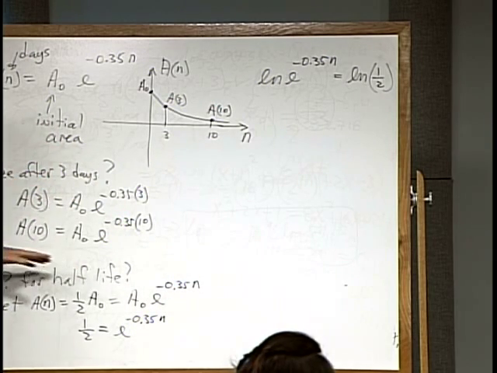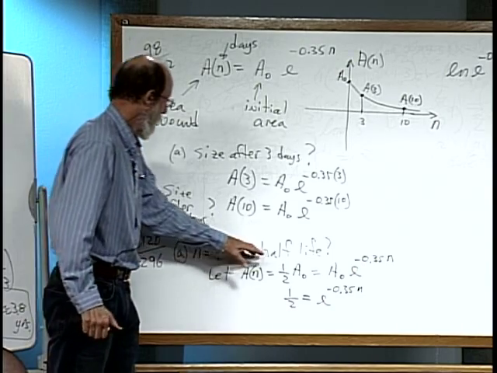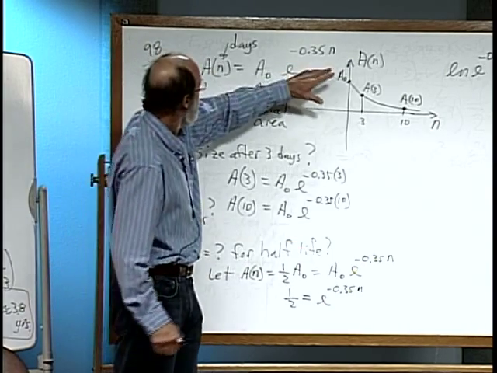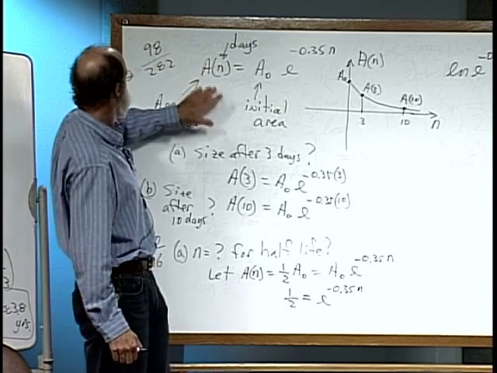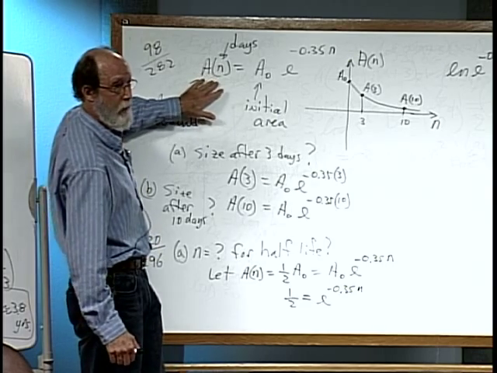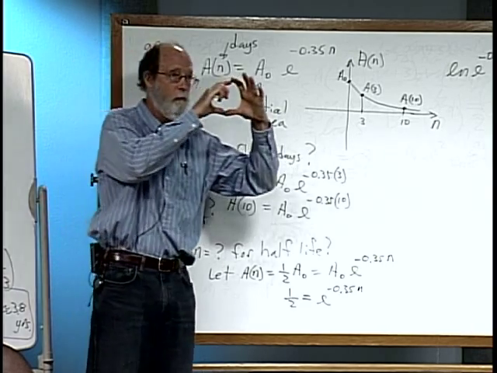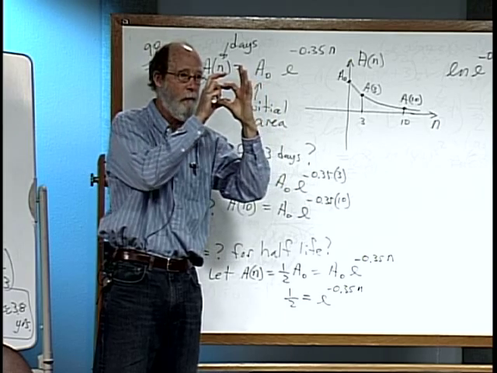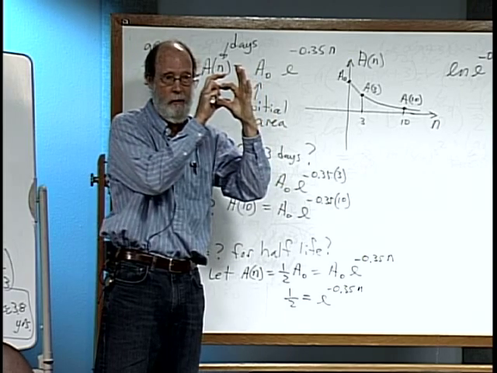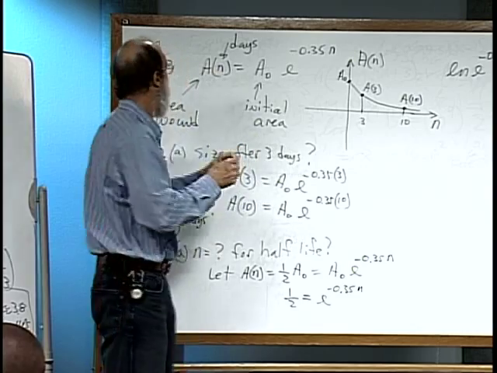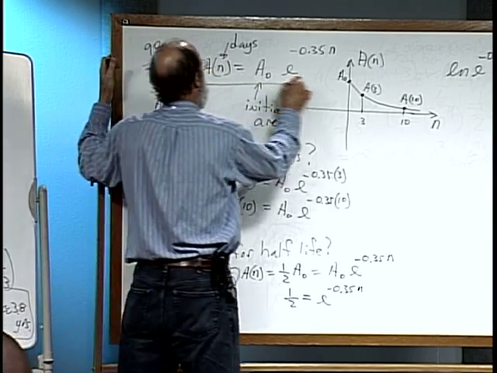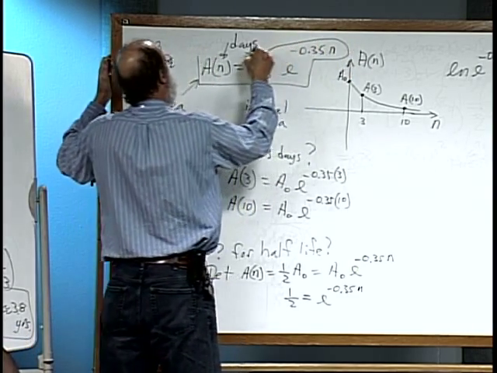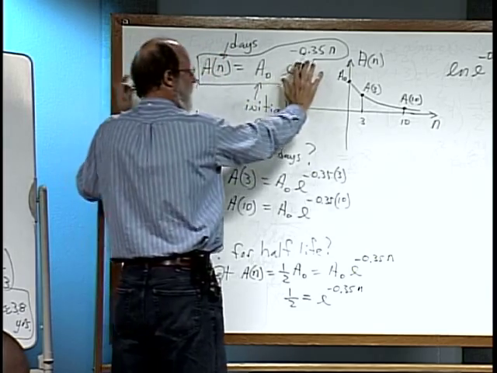Okay, so let's go back to the problem. We're looking for how many days this population, the area of this wound, is going to shrink down to half as big as it was. You have a math model right here. Here's our model.